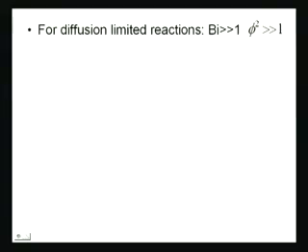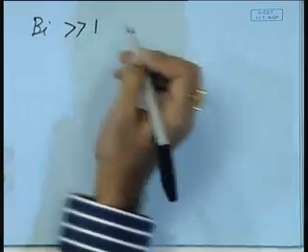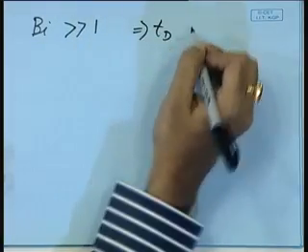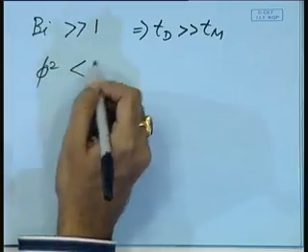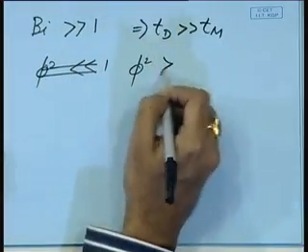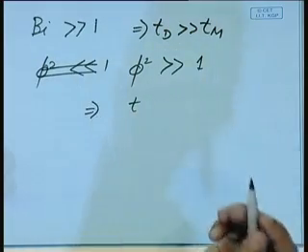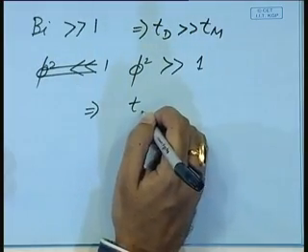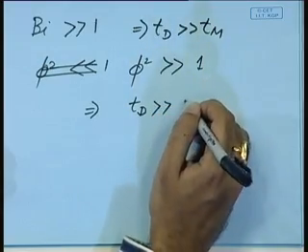But you have to show which out of the 3 processes, Td, Tm and Tr, is the limiting one. So, here Biot number is much greater than 1, which means Td is much greater than Tm, right, and phi square is much greater than 1, which means that Td is much greater than Tr.